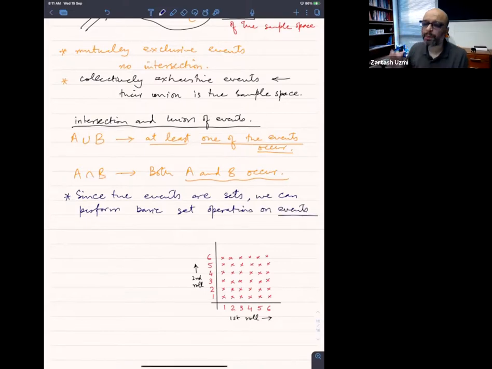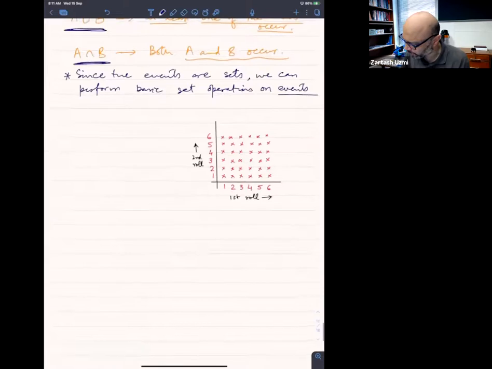And actually we saw the example. This union is a set operation. Intersection is a set operation. We have already seen these two examples. Besides this, whatever theory you have developed in set theory, we can apply all of that to events.